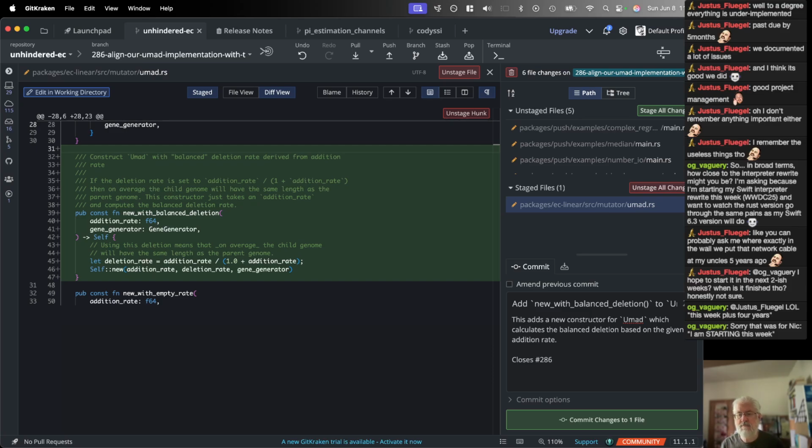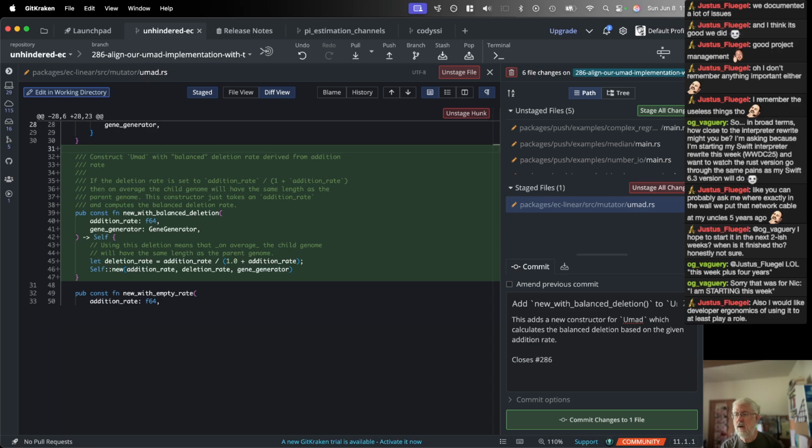So it would be interesting to see where that ends up. Yeah, I think the developer ergonomics of using it absolutely should play a role. I would agree with that 200%. If we want people to use the thing, we need to make it so that they can fairly easily use the thing. 300%.